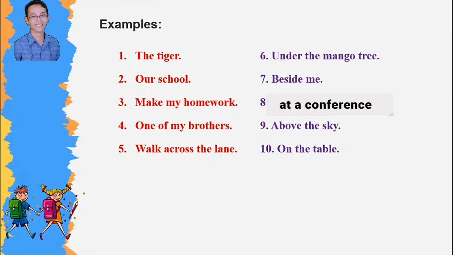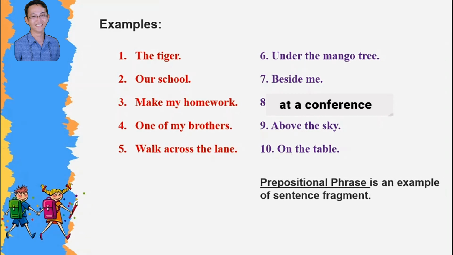Since it begins with a preposition, it is what we call a prepositional phrase. And a prepositional phrase is an example of a sentence fragment. Why? The common use of a prepositional phrase in a sentence is usually found after the verb.